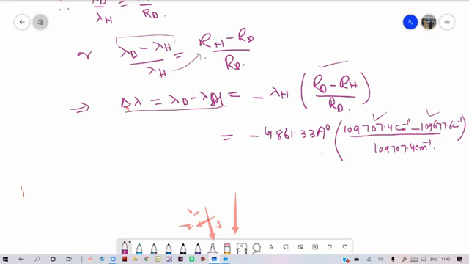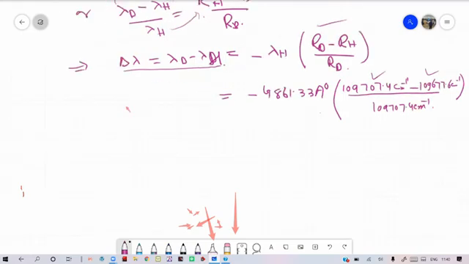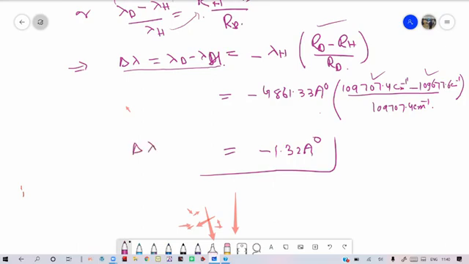See here, these are different actually. The Rydberg constant becomes different by changing the mass, and it becomes 1.32 angstrom. So you can see the change in the wavelength, the shift, is the shift from deuterium to hydrogen.